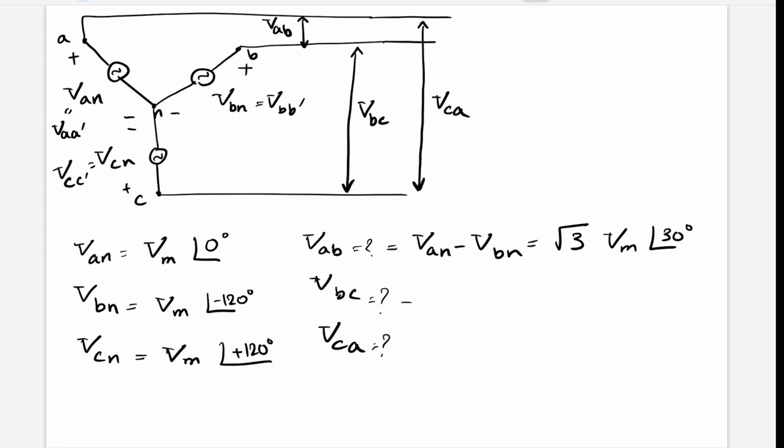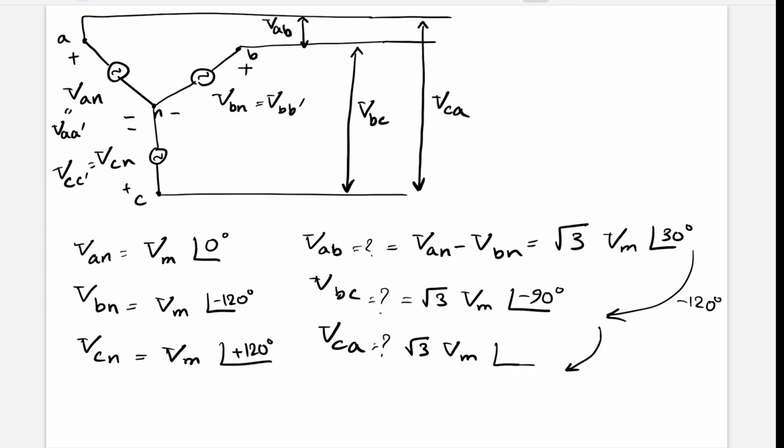So this one will be radical 3 Vm. If we go 120 degrees clockwise, this will go minus 120, so it will be minus 90. The magnitude, as you can see, is equal, but their phases are different.